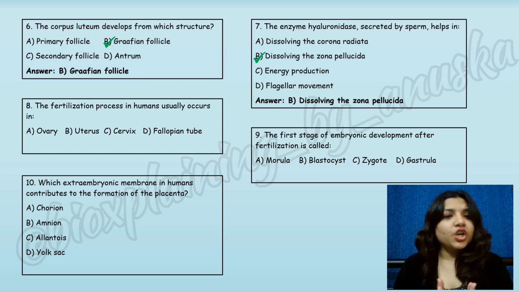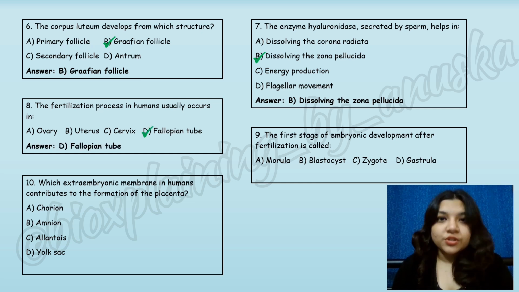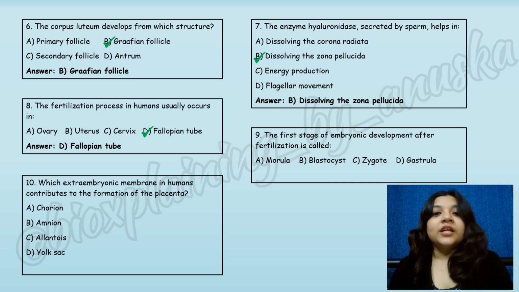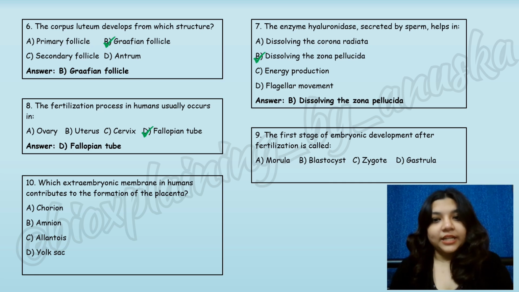Okay. Question 8. The fertilization process in humans usually occurs in the fallopian tube, which is also known as the oviduct. Question 9. The first stage of embryonic development after fertilization is called the zygote.